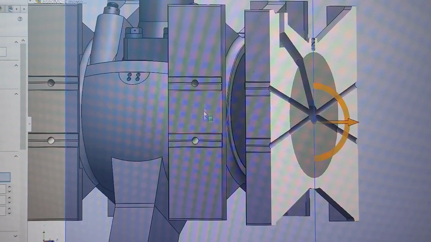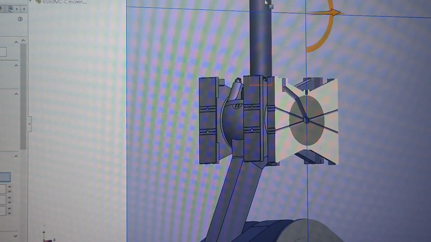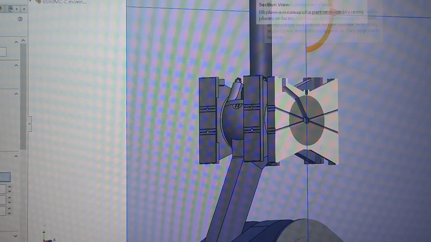Another crosshead plate needs lubricant as well, so you know those are holes for the lubricant. Alright, and let's change over our view.